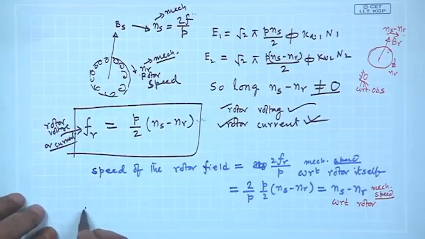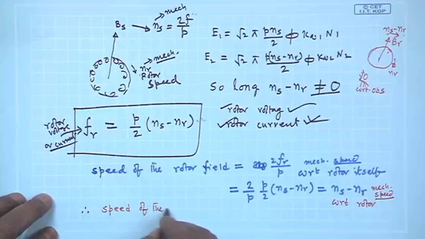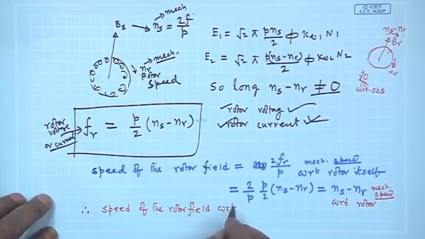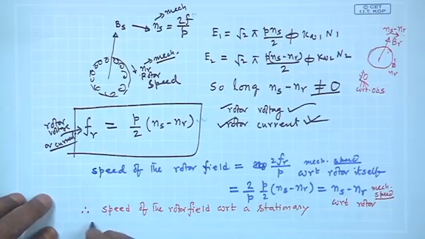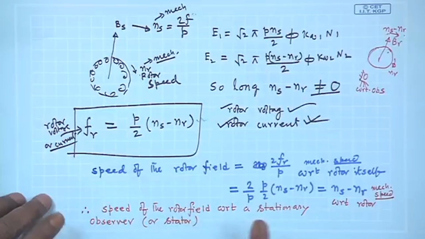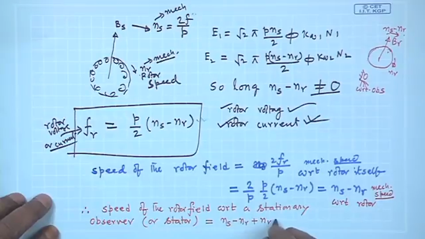Therefore, the conclusion is that the speed of the rotor field with respect to a stationary observer, or in this case the stator structure, since the stationary observer and the stator are one and the same, both not moving, will be equal to n s minus n r plus n r, and that will be n s.